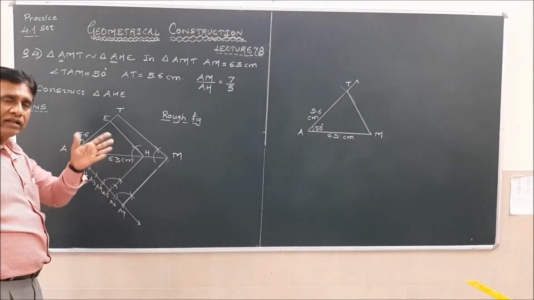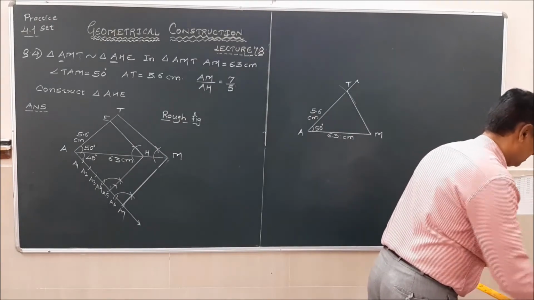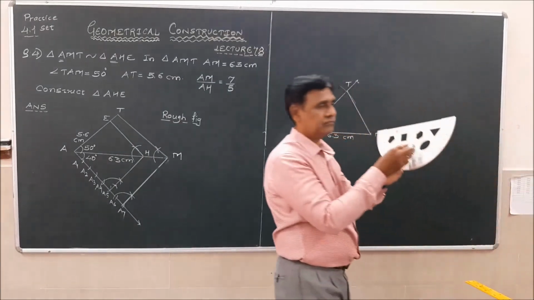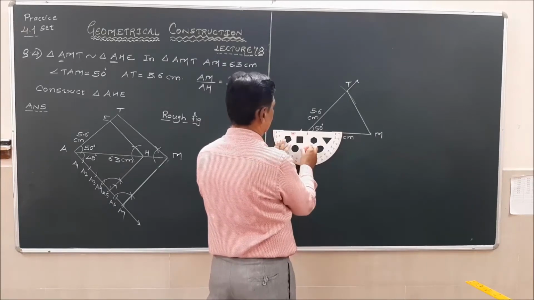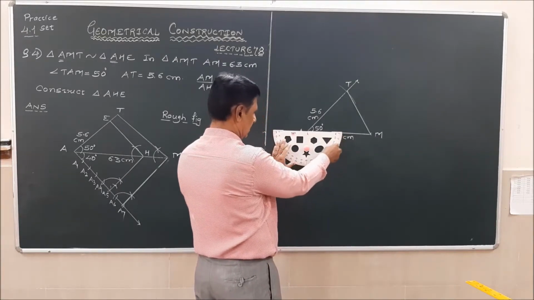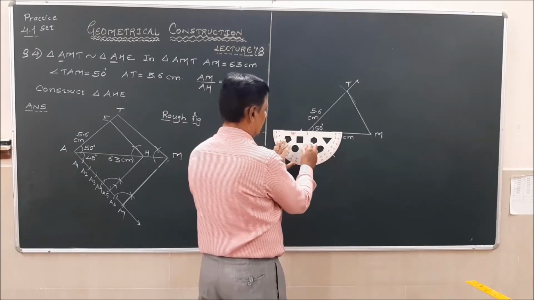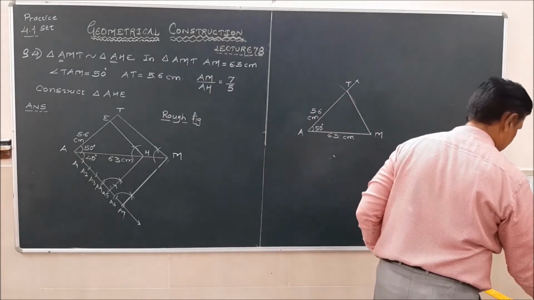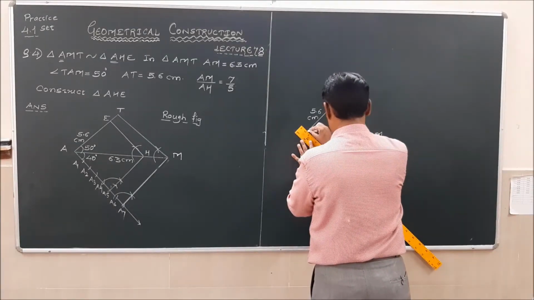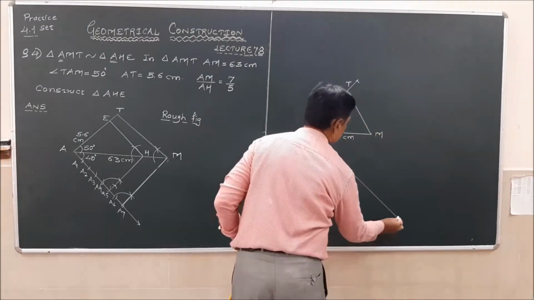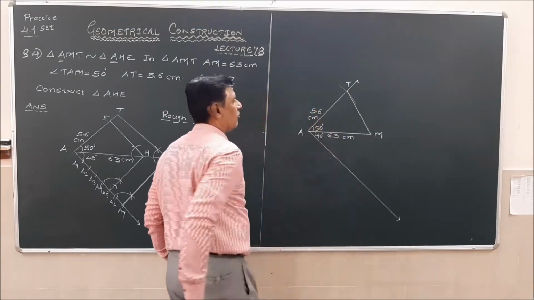The angle is of 40 degrees, in the range of 30 to 40. Place the center point at A, with 0 degree, and mark 40.